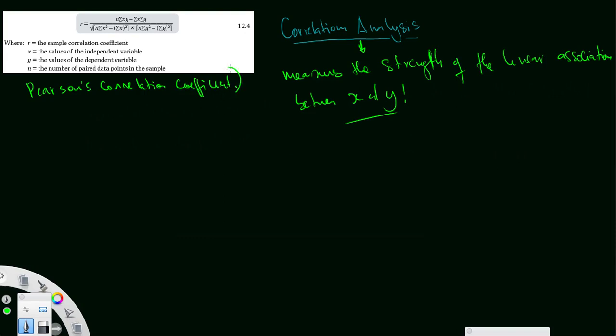It's this long formula here where r is the sample correlation coefficient, what we're looking for. x is the value of the independent variable, y is the value of the dependent variable, and n is the number of points in the data sample.